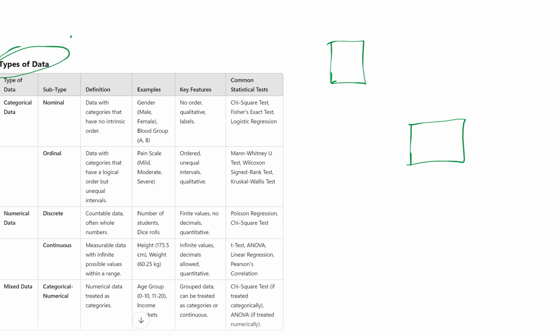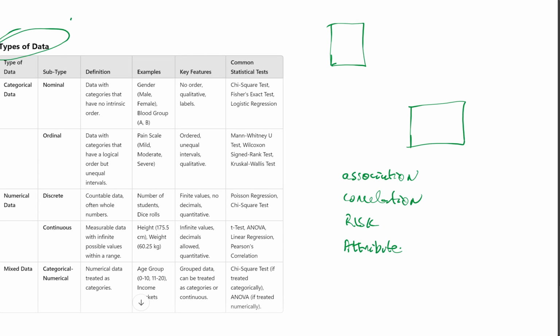Most of our statistical tests look for one of the following: association, correlation, risk, attributable risk, or hazards.